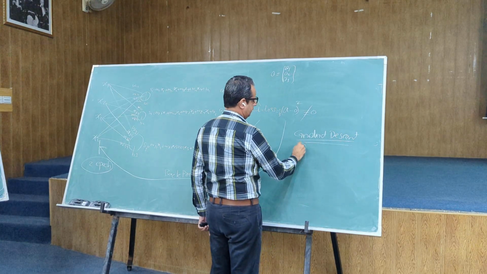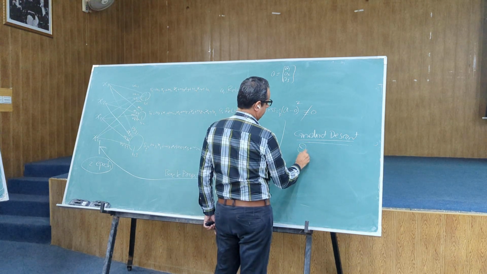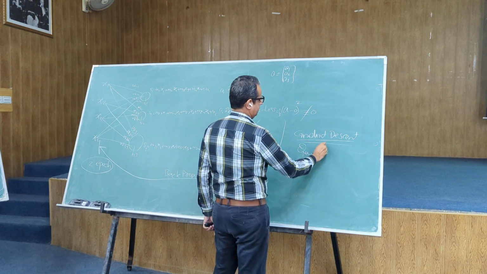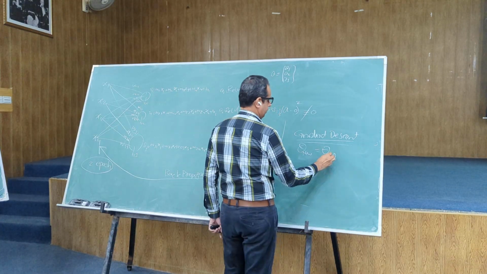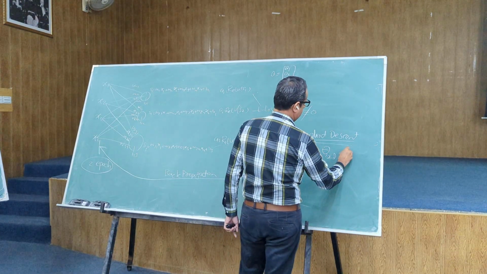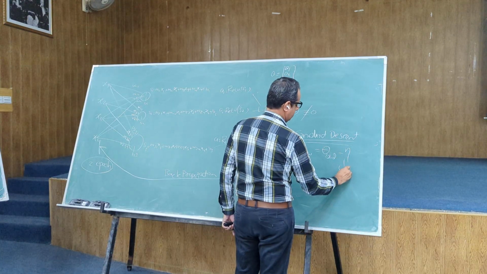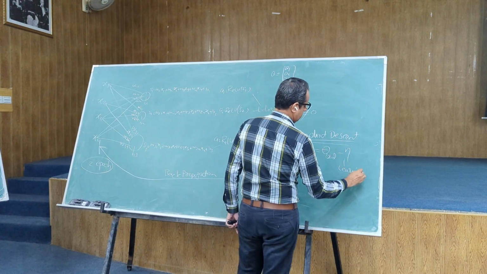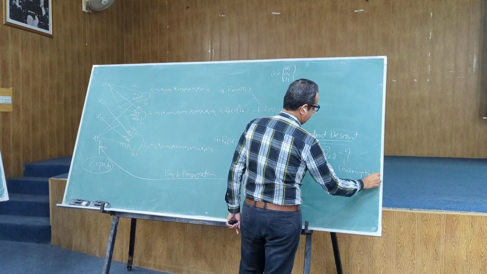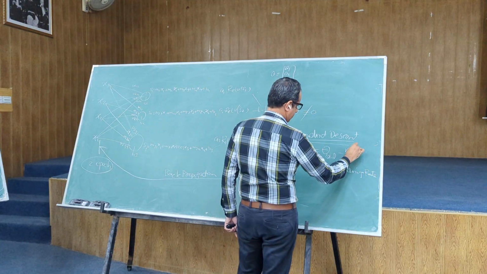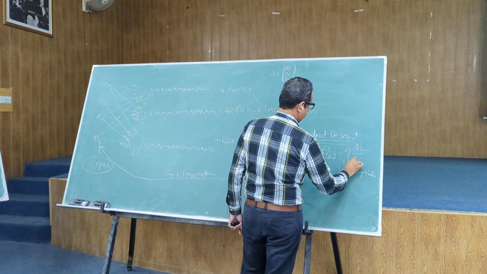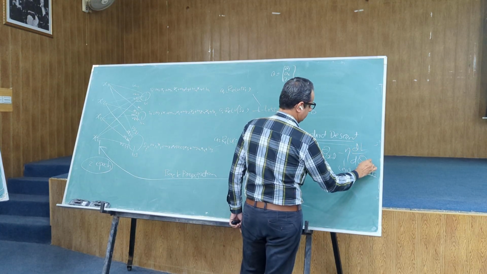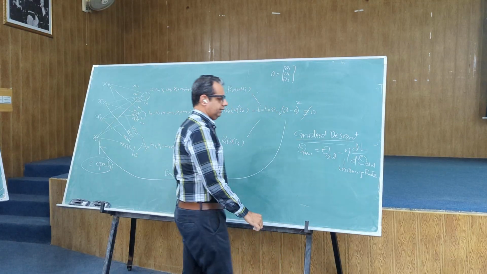So by the gradient descent rule, theta new, any parameter, is equal to theta old, as we derived this equation yesterday, minus the learning rate times the derivative of the loss function with respect to that old parameter.